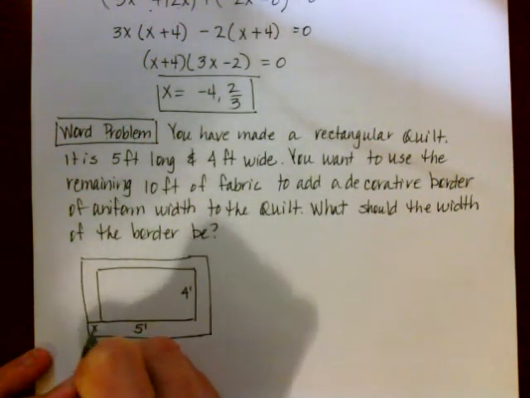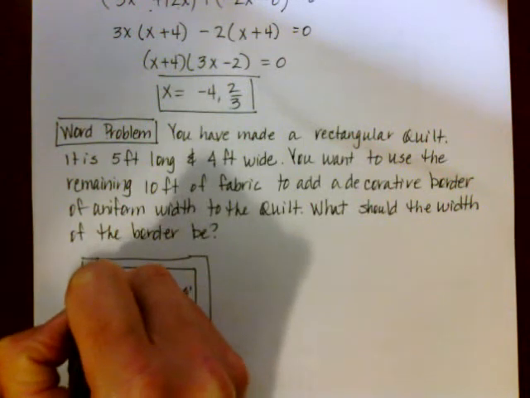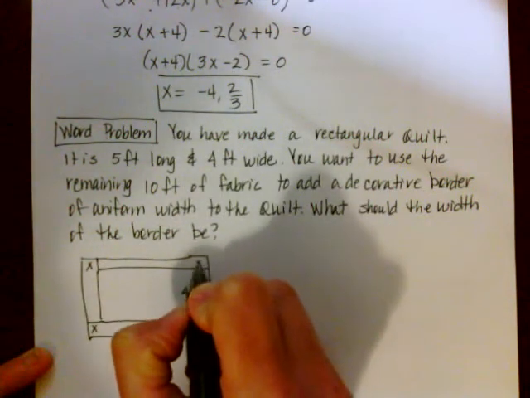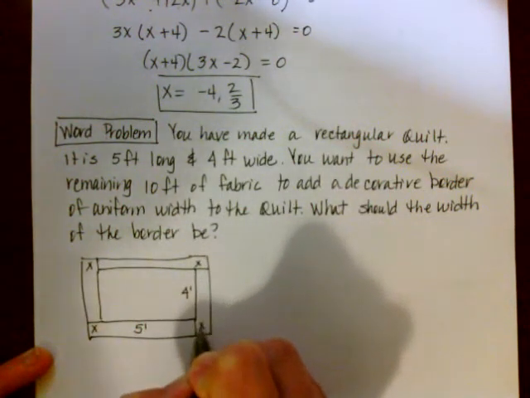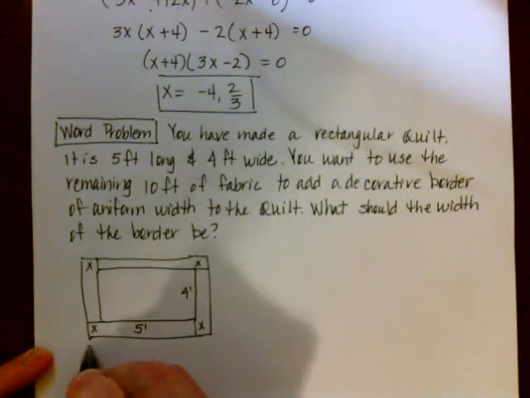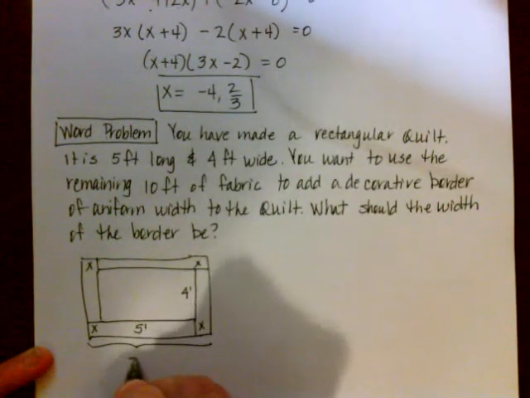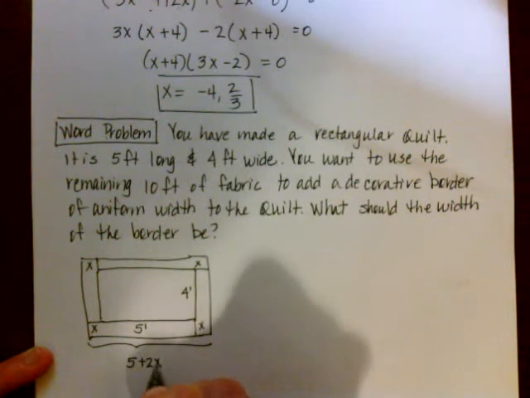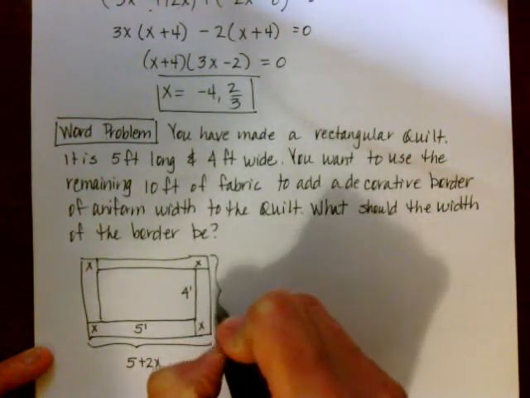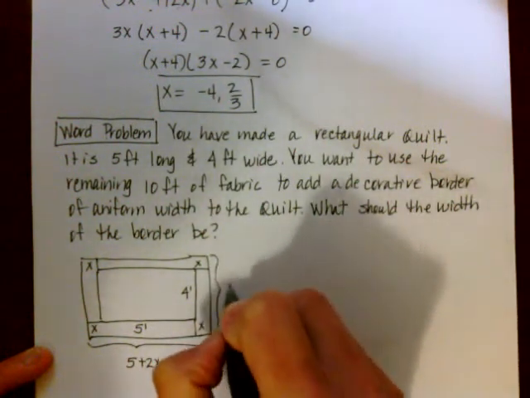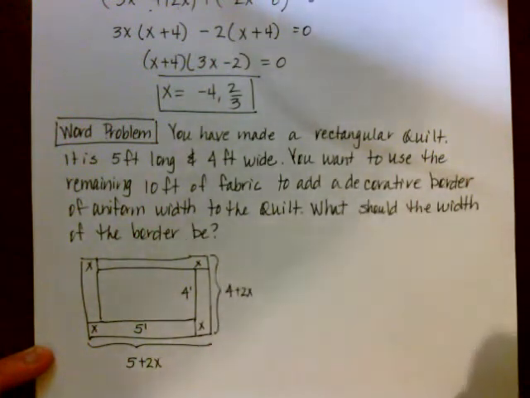So this distance is x, that distance is x, this distance is x, and this distance is x. So the length of this side becomes 5 plus 2x, and the length of this side becomes 4 plus 2x.